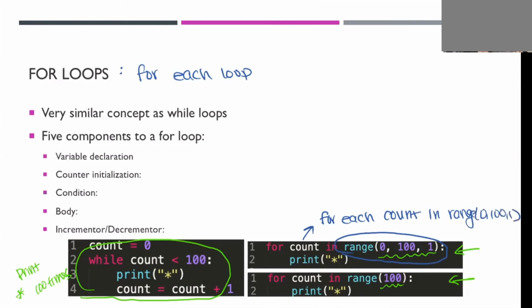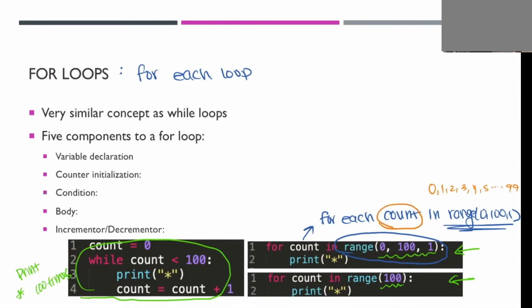And what would 0 to 100 comma 1 be? What numbers would those give you? Zero through 99, right? So 0, 1, 2, 3, 4, 5, blah, blah, blah, all the way up to 99.